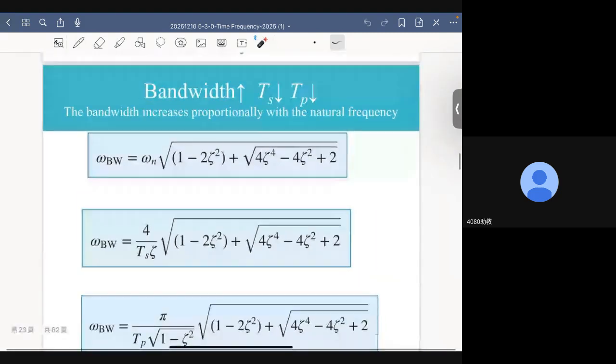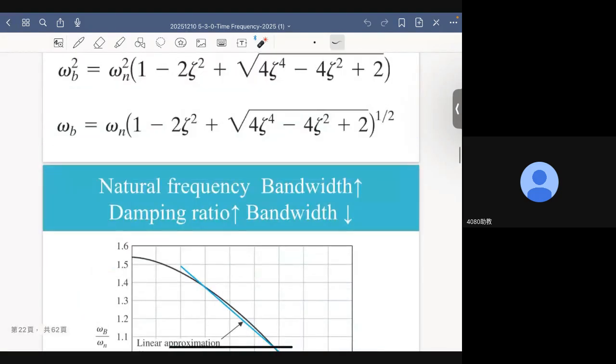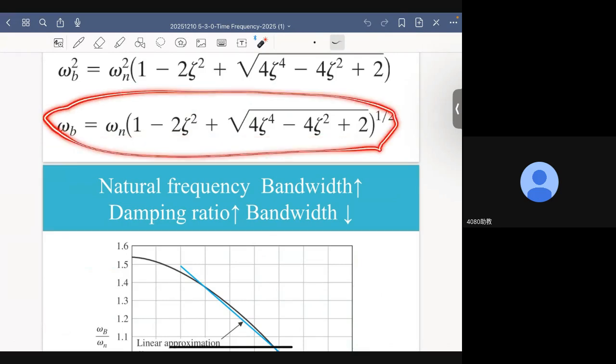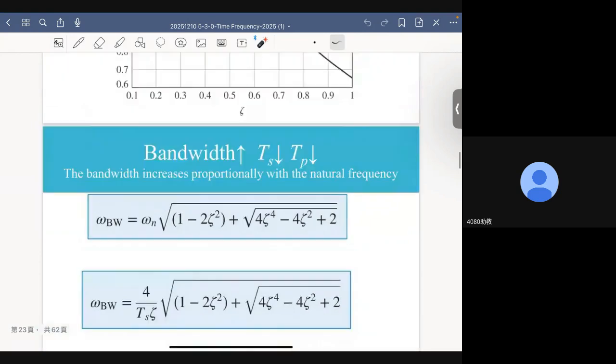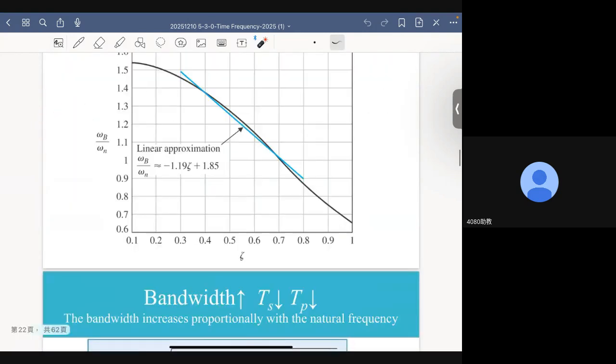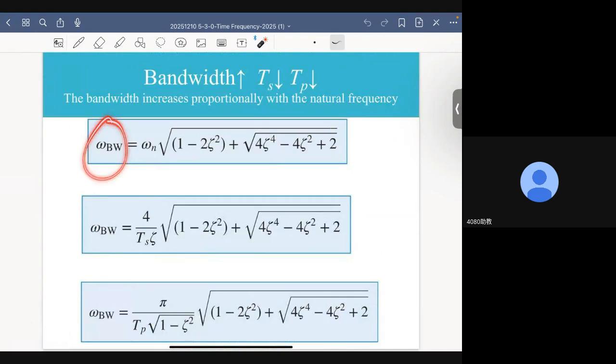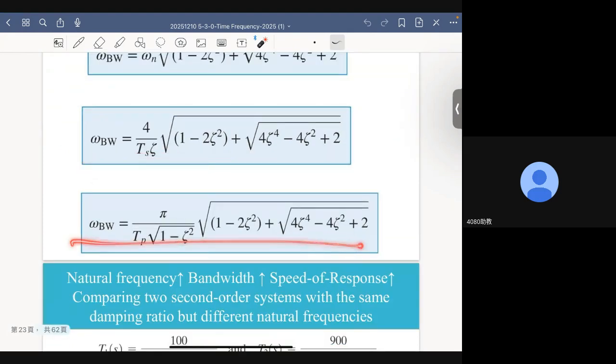Now, this is just another way to represent this equality. The only difference is that this omega b is written as omega BW. BW, of course, denotes bandwidth. This equality can also be written as this or this. Here, it tells us that bandwidth and settling time are inversely correlated.